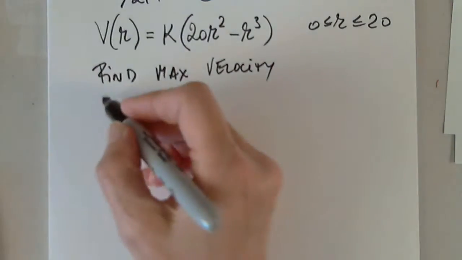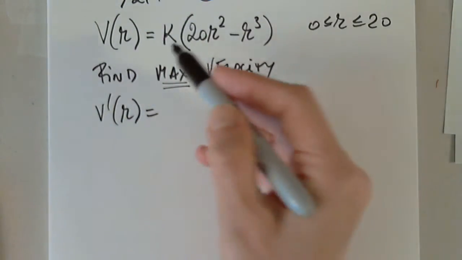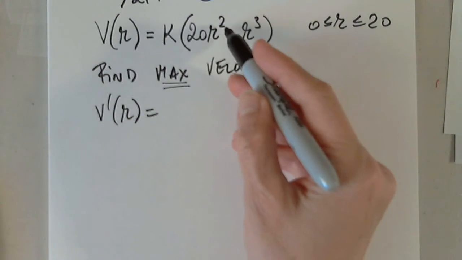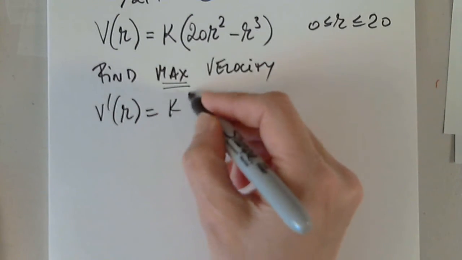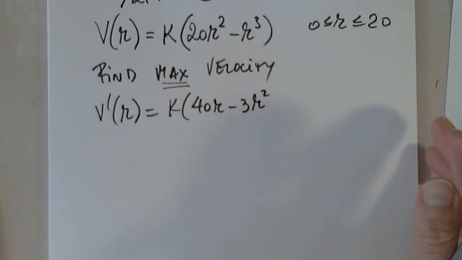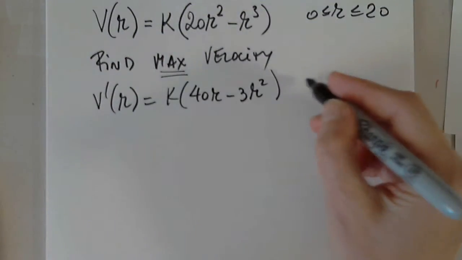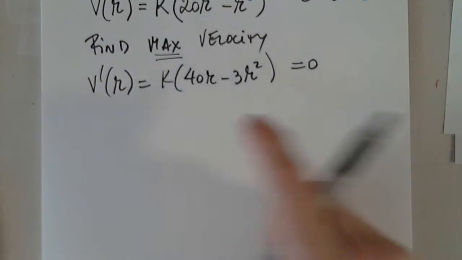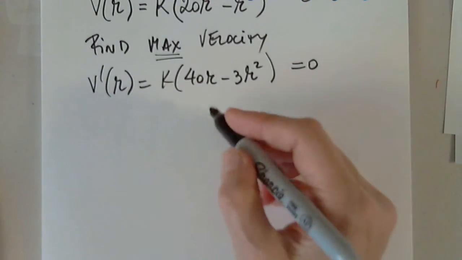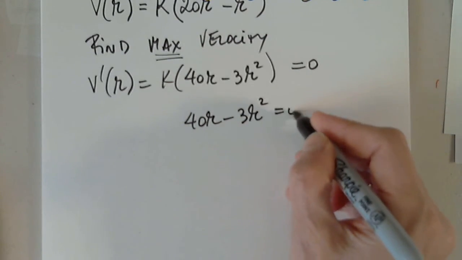Okay. So for the max velocity, I know I have to find v prime of r. K is a constant, so I'm differentiating k times 40r minus 3r squared. I will set this equal to 0. I divide by the constant, it goes away. 40r minus 3r squared equals 0.